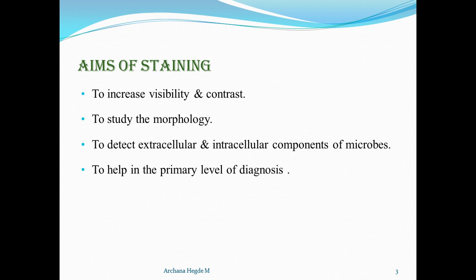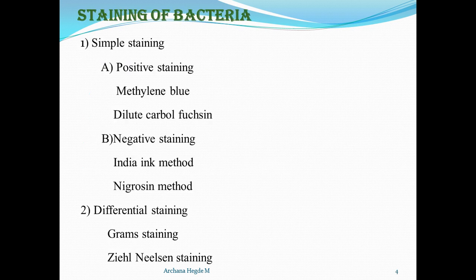Third, to detect extracellular and intracellular components, like the cell wall, cytoplasm, etc. It also helps in the primary level of diagnosis. At hospital level or in the diagnosis field, this staining technique is very important, and it is the preliminary or first step used in diagnostic laboratories.